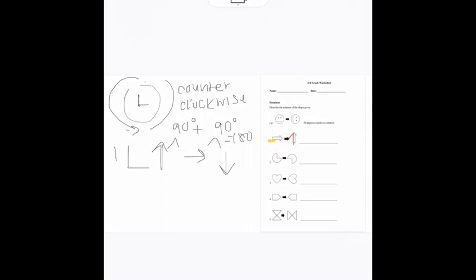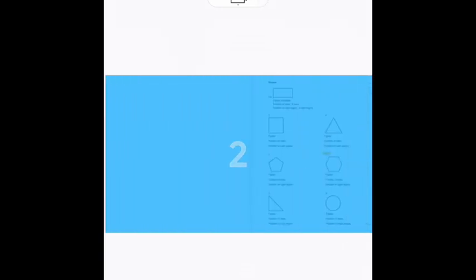So that means this would be 90 degrees counterclockwise. Okay? It's kind of difficult to understand, but I hope you guys try your best. I'm going to go to the second page, which is shapes.